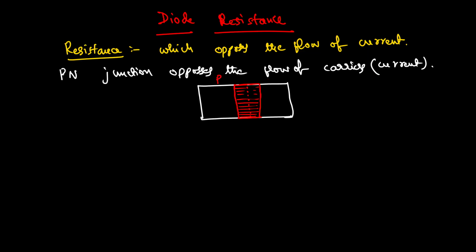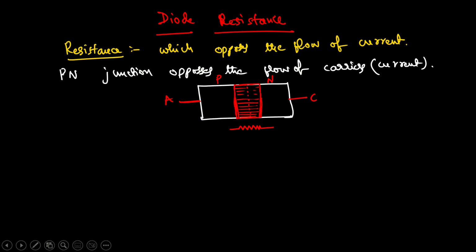This side I am assuming p-type semiconductor, this is n-type semiconductor, and this terminal is an anode and this terminal is a cathode. Without any external biasing, this junction does not allow the carriers to flow, so it acts as a resistance. That junction offers a resistance. It is not an actual internal symbol, but it acts as one resistor only.